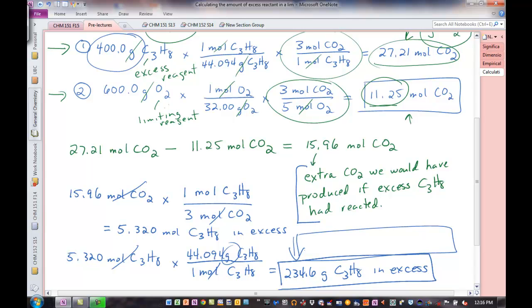So that seems reasonable. If we did this calculation and ended up with more left over than what we started with, clearly we would have made a mistake and we would need to go back and check our work. So always at the end of a problem, if you can, ask, does my answer make sense? Or using baseball terminology, is it in the right ballpark? Estimating and at least checking your work at the end is always a good idea.